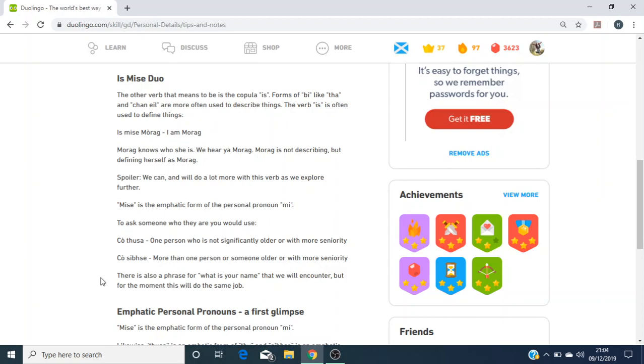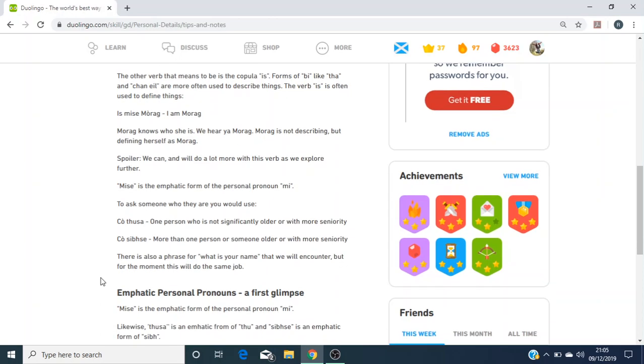To ask someone who they are, you would either use kohusa, for someone who's not older than you, or a child, or someone informal, and shifsha if it's someone that you're on formal terms with. There is also a phrase for what is your name that we will encounter, but for the moment, Kohusa or Kohushivsha will do the exact same job.